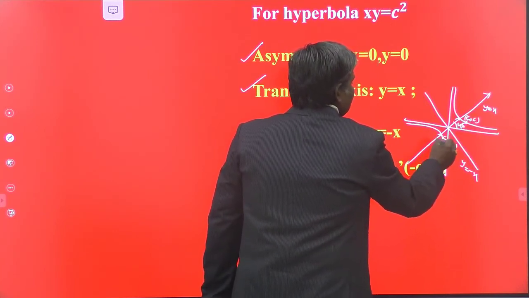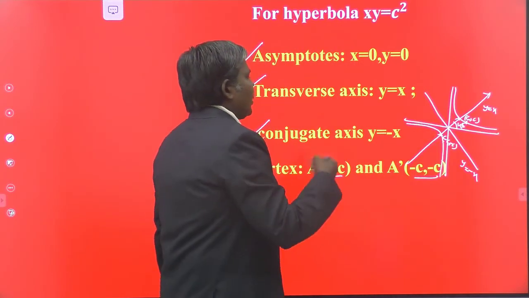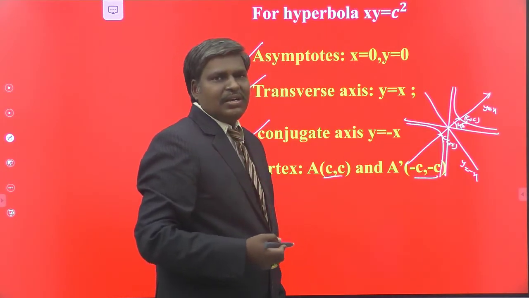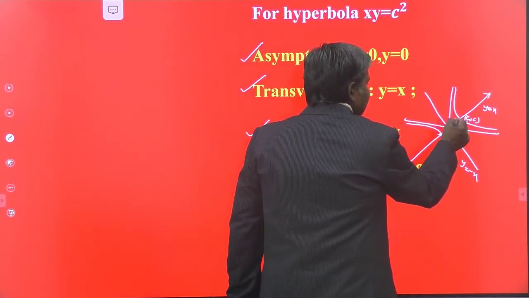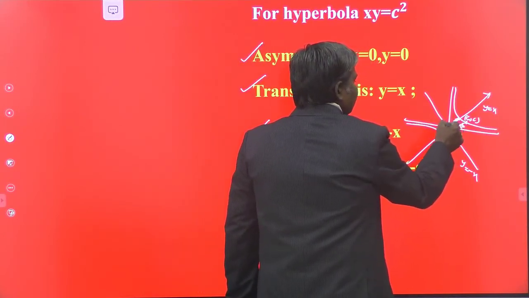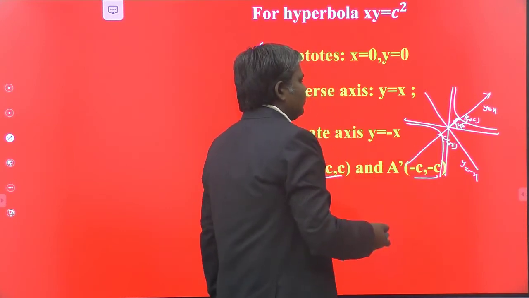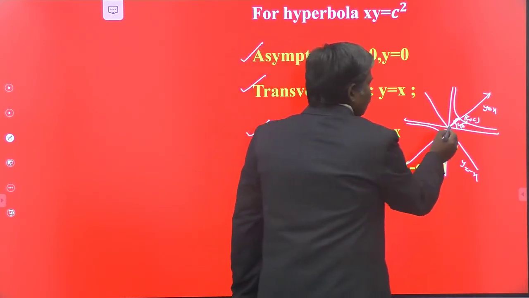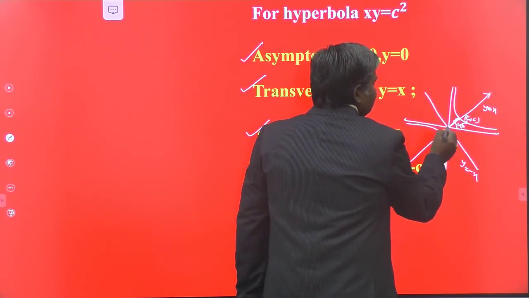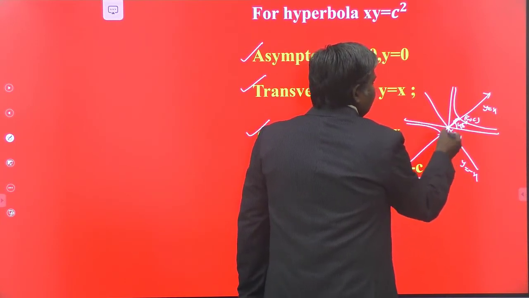What is the definition of the vertex? Where the axis meets the conic is called the vertex. So the distance from here to here is a units, and the angle is 45 degrees. We use the parametric equations for the straight line: x is equal to x1 plus r cos theta, y equal to y1 plus r sin theta. This is x1, y1, that is 0, 0 here.